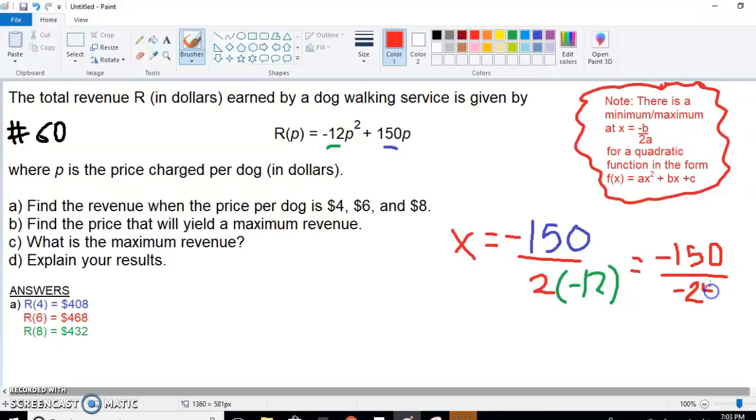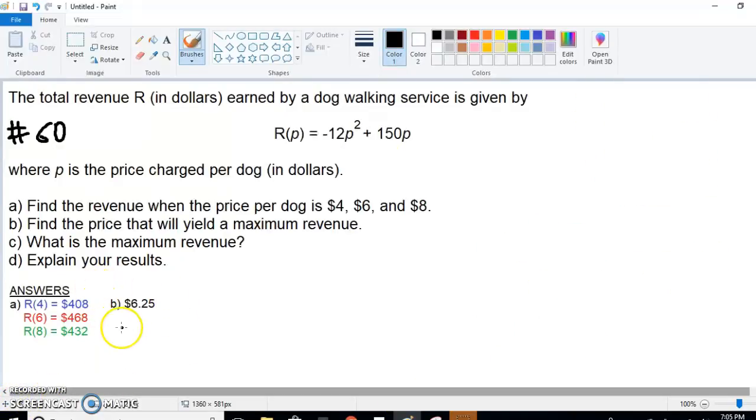And then if we divide that out, we have x equals 6.25. Since our x value, our input value, is representing a price, the price that we would charge per dog, this is actually going to refer to the price $6.25 per dog.